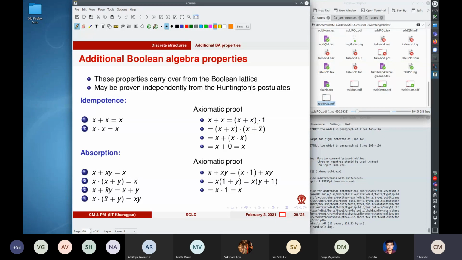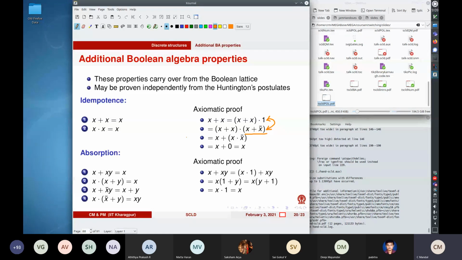As you can see, you can write it in this form, and for any element, x or x-bar is 1, and then you can distribute. You're applying distributivity. So this way you are able to prove that x or x is x. These are certain proofs that you can achieve through Huntington's postulates.